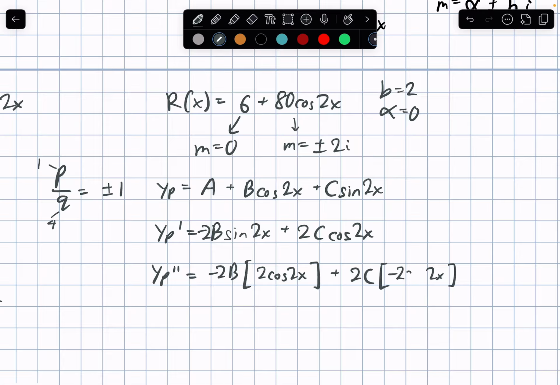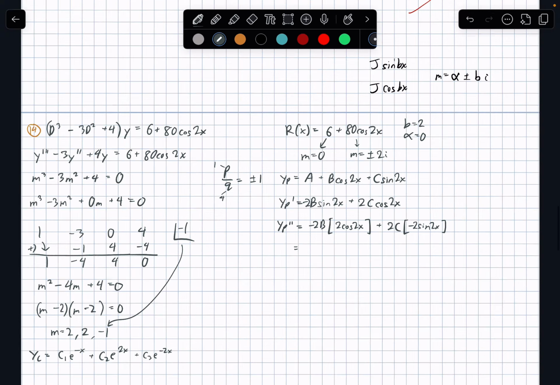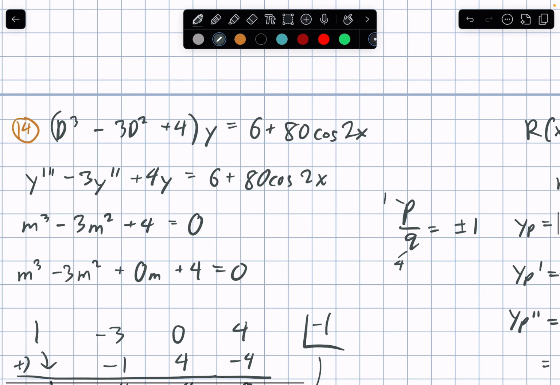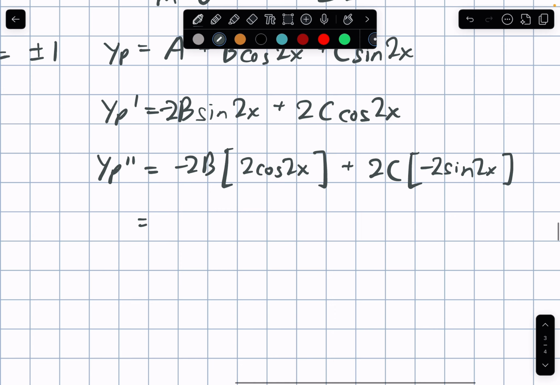Wait, sorry. This is supposed to be sine already. Okay, simplify before we differentiate another time. Our maximum is the third derivative now, so we derive 3 times. This becomes 4b cosine 2x.